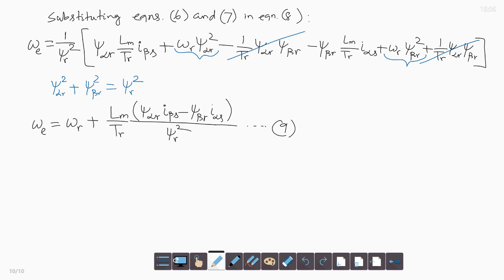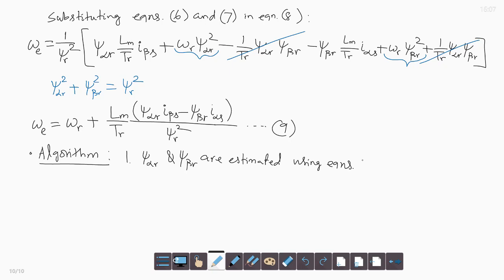So, how the algorithm is like this, flow algorithm of speed estimation. First, rotor flux psi alpha r and psi beta r are estimated using equations 4 and 5.